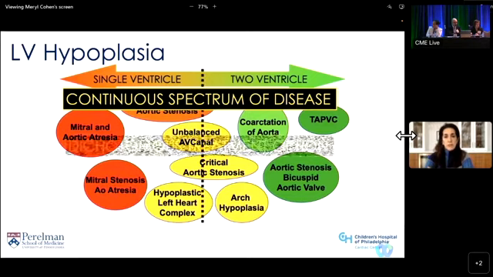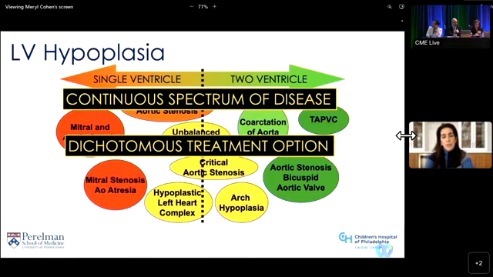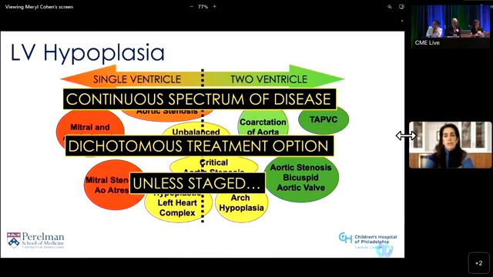And so in this spectrum, we're trying to determine a really dichotomous treatment option, either single ventricle palliation or two ventricle palliation. And sometimes this can be quite challenging. More recently, strategies have been developed to stage patients towards two ventricle repair, and I'll show some examples about that at the end.